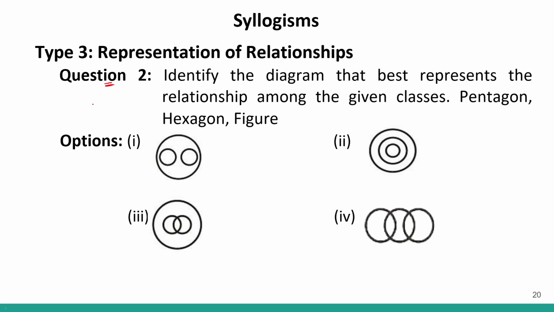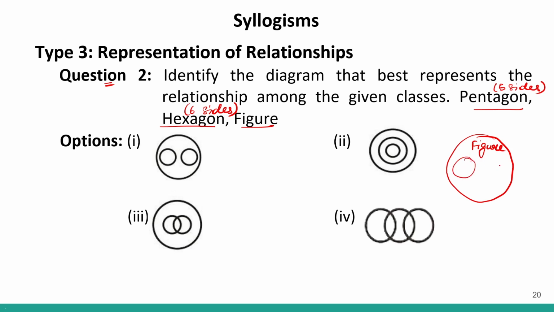Question number 2. Identify the diagram that best represents the relationship among the given classes: pentagon, hexagon and figure. A pentagon has 5 sides and a hexagon has 6 sides. So pentagon and hexagon are types of figure. If this represents figure, under this I will have 2 entities: one will be my hexagon and one will be my pentagon, because we have different types of figures.